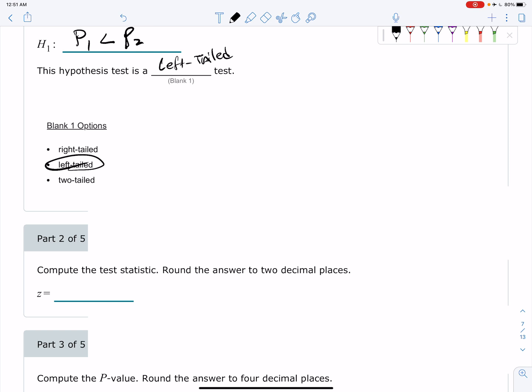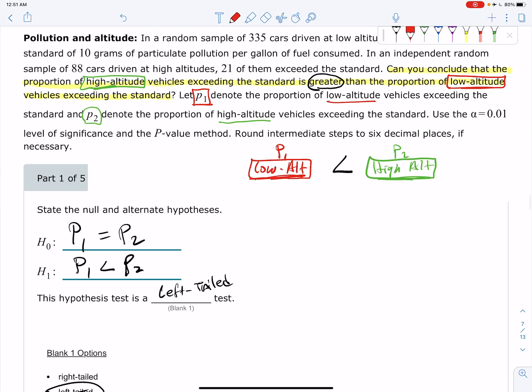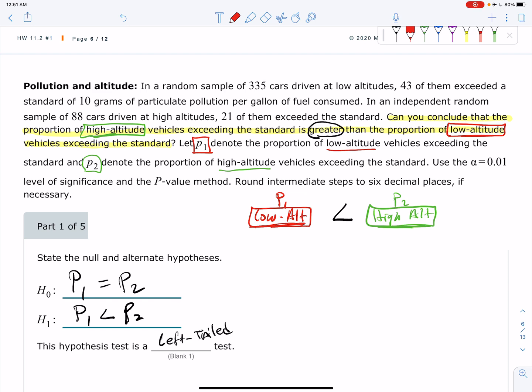I'm getting tired. Okay, so remember, we've got to get our data. In a random sample of 335 cars at low altitudes, I'll use red, so that means n sub 1 equals 335 cars. 43 of them exceeded, so x sub 1 equals 43.